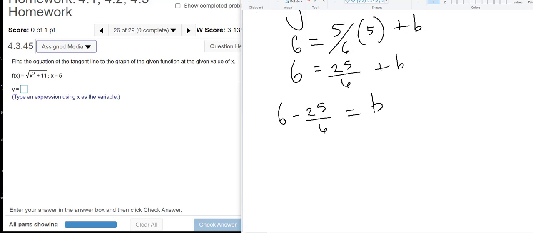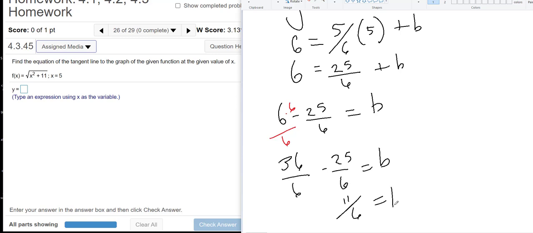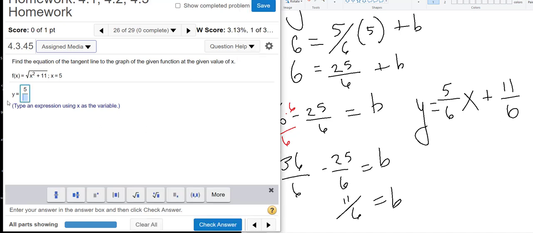Get a common denominator. We need a 6 in the bottom, so we have to put a 6 in the top. 36 over 6 minus 25 over 6 is 11 over 6. So my final answer is y equals 5 over 6x plus 11 over 6.